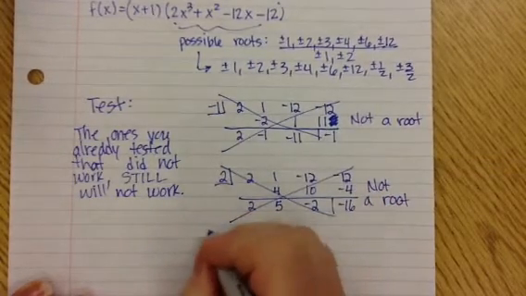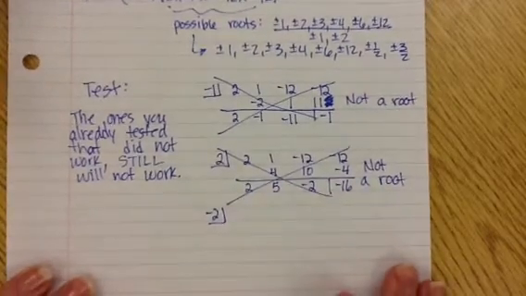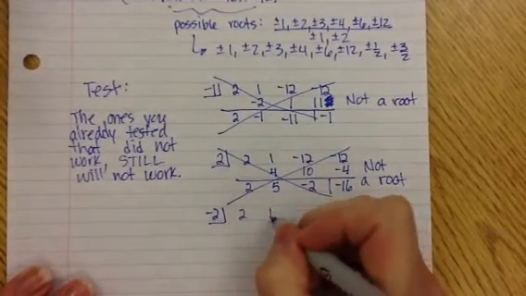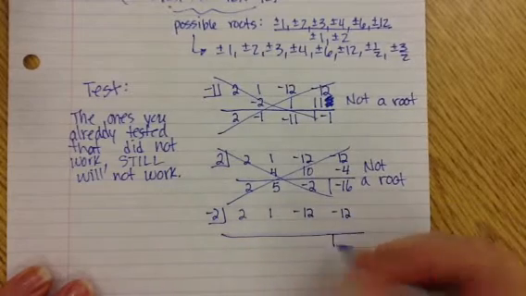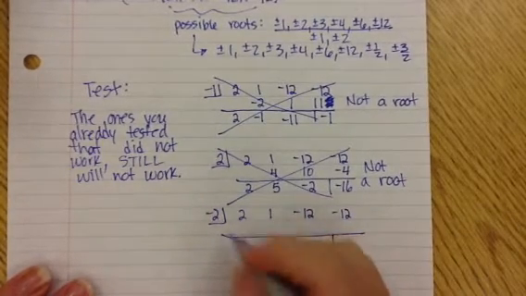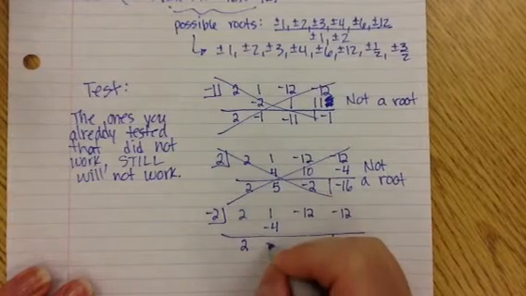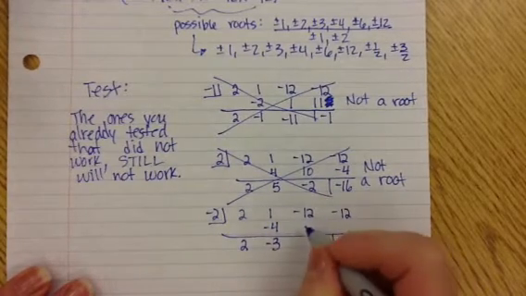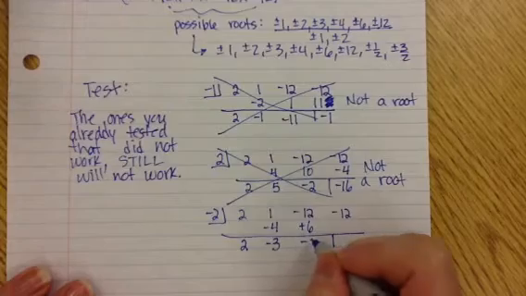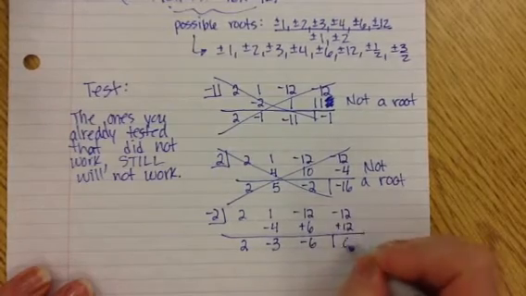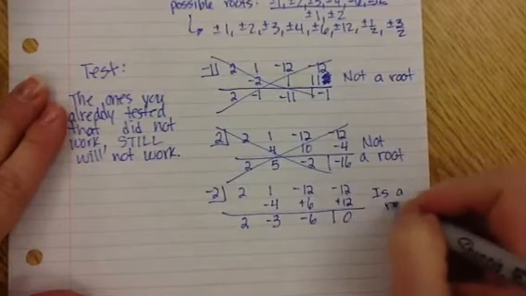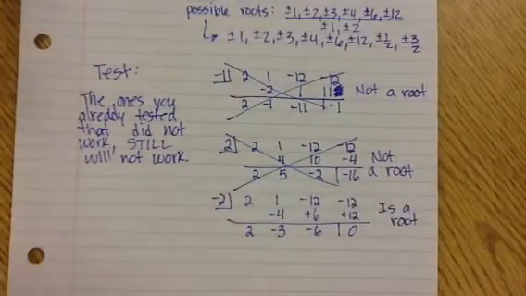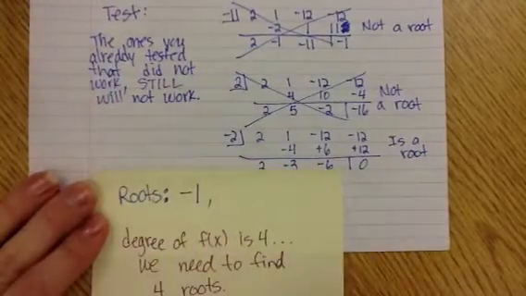Let's try -2. -2, we go 2, 1, -12, -12. Okay, bring down, multiply, add, multiply, add, multiply, add. Okay, so -2 is a root. So I can add -2 to my list of roots.